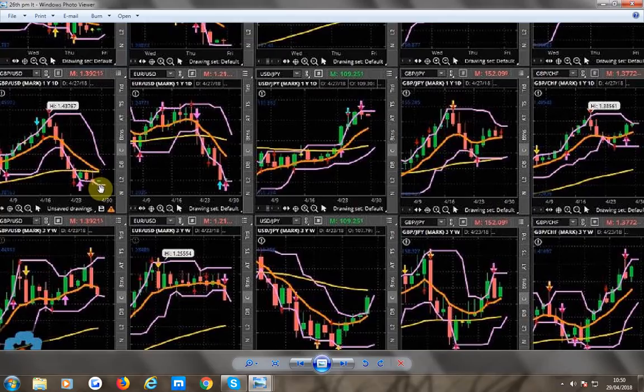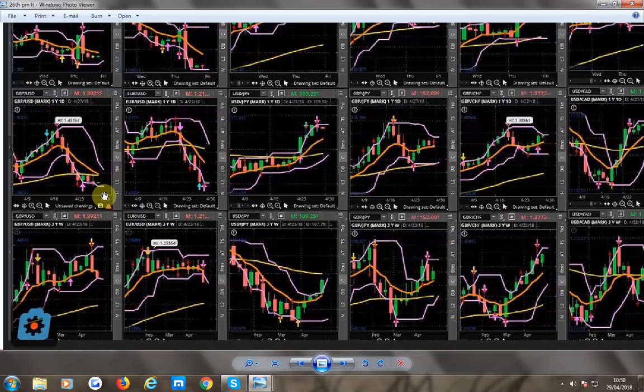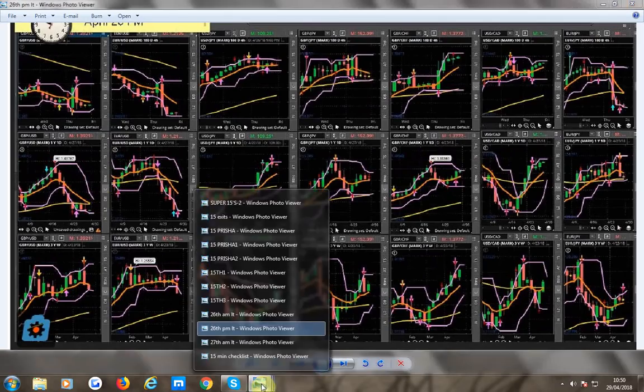Demo it for a while, but even if you did it for small amounts of money, say 10 pence or the smallest currency that is available to you, then you could end up hitting one of these and getting a 200 pip move in a day, and seeing some real money in your account. I'll just show you exactly what happened on that.